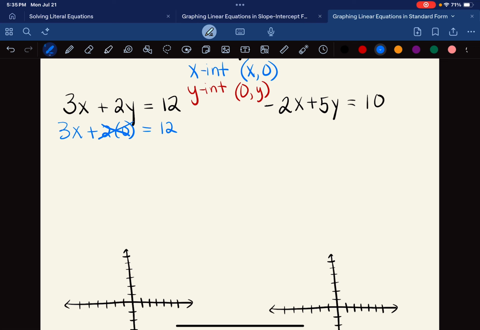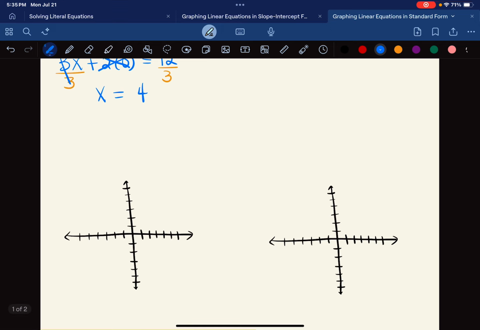And we're left with 3x equals 12. So let's isolate our x value. We divide both sides of our equation by 3. And we end up with x equals 4. So I know I have an x-intercept at positive 4. So let's go down to my x-axis right here and find 4 on the x-axis. 1, 2, 3, 4. And I plot that point right there.